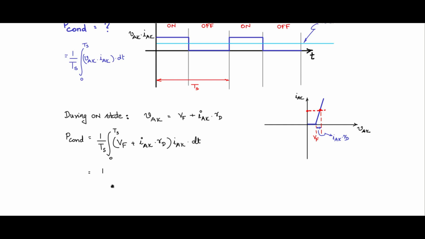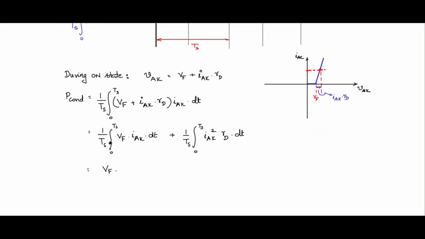Now let us do a couple of steps of simplification and rearrangement. Let us say I put 1 by Ts, integral of 0 to Ts, VF into IAK dt. I will split this because of the sum, plus 1 by Ts integral of 0 to Ts IAK square, so this is IAK square times RD into dt. So we have VF, which is a constant value. I will bring it out, and that is multiplied by 1 by Ts integral of 0 to Ts IAK dt.